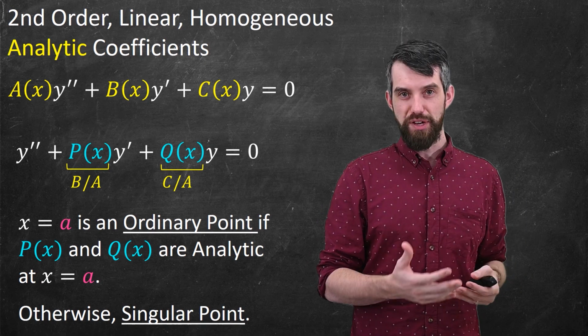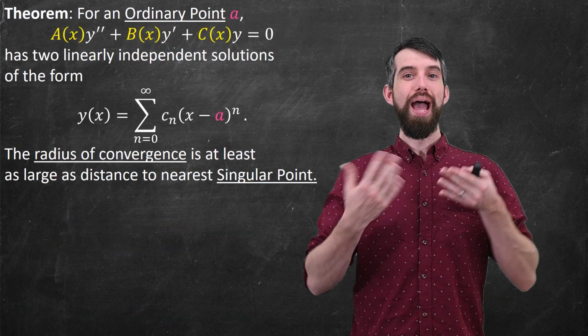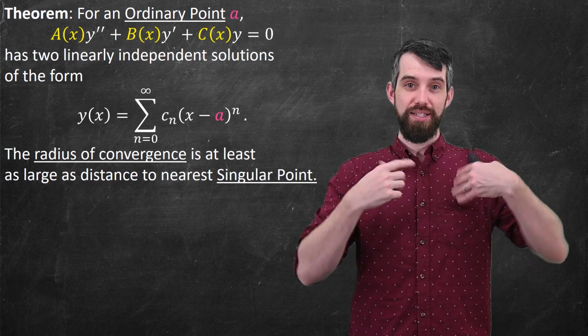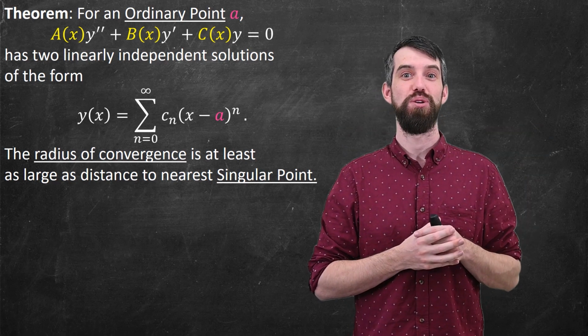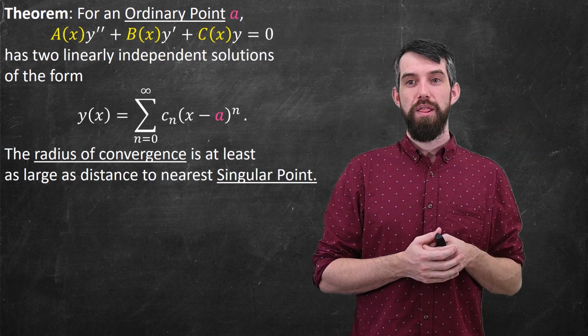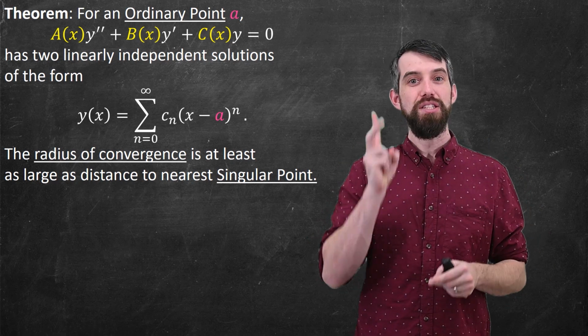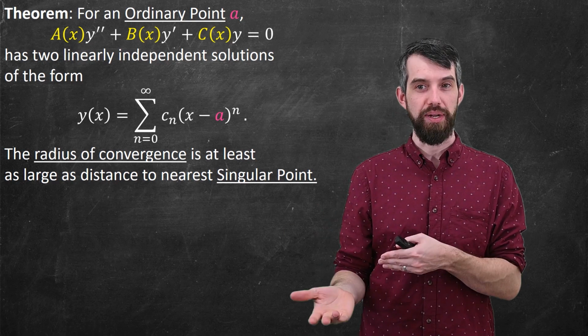So with that definition made, here's the big theorem that we're going to talk about in this video. Suppose that you have an ordinary point to this second-order linear homogeneous equation with analytic coefficients, as we expressed in the previous slide. Then the claim is that an equation of this type has two linearly independent solutions that can be expressed in terms of series.